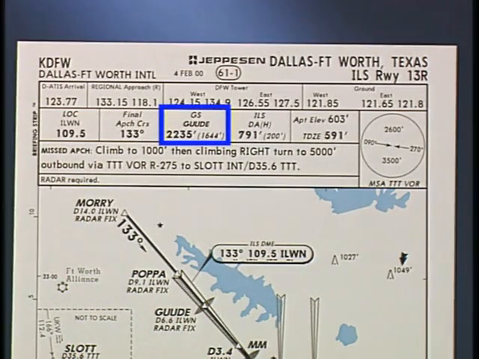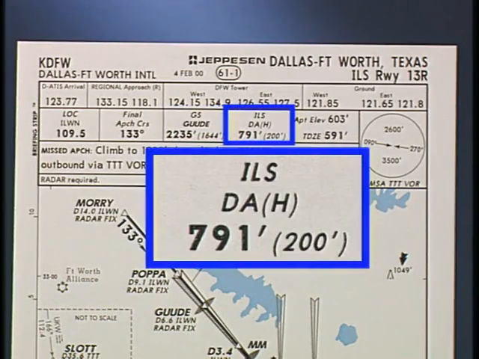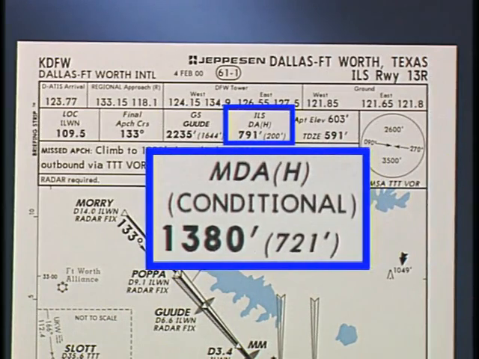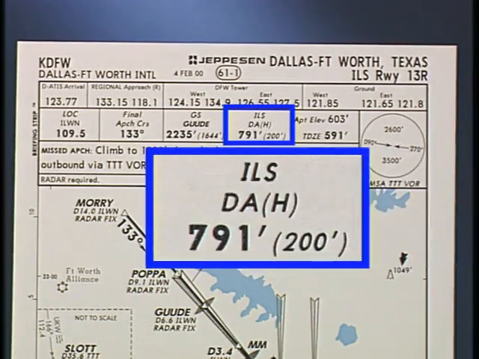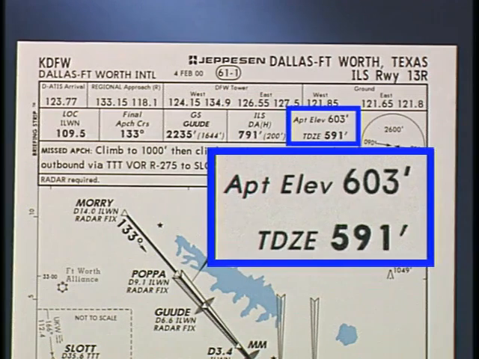Following the glide slope information is the lowest decision altitude, DA, or minimum descent altitude, MDA, depending on the approach type. The ILS decision altitude is 791 feet. Also included in the pre-approach briefing information is the airport elevation and the touchdown zone elevation.